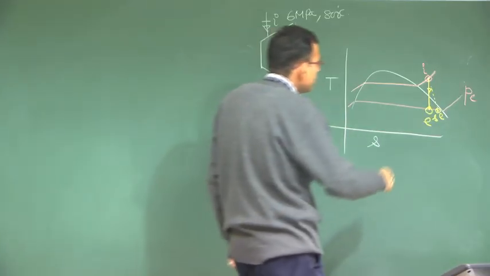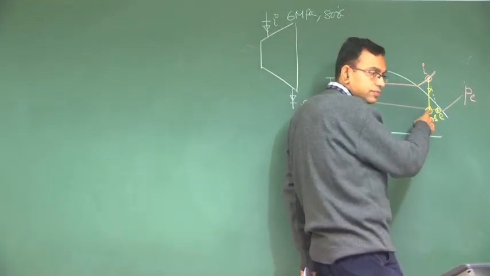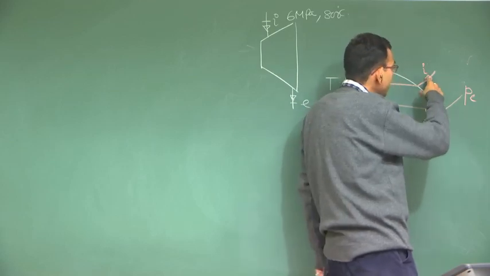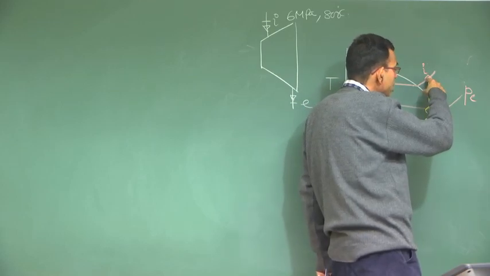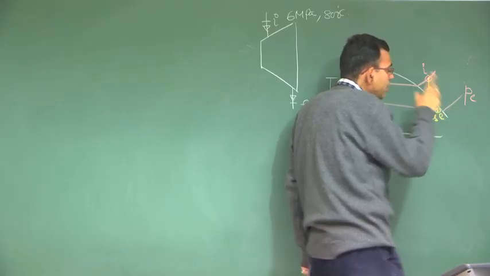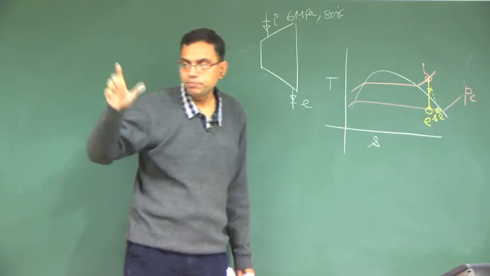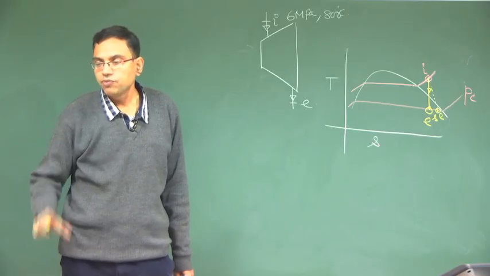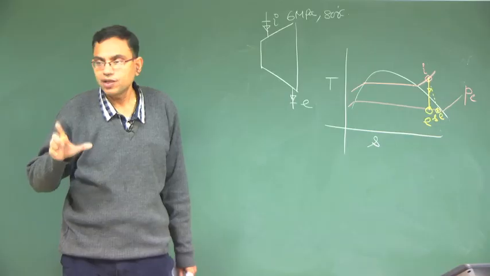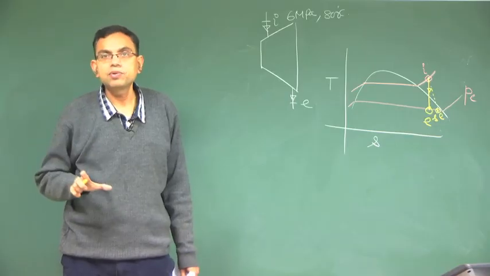So, you can decompose the change of state from I to E as from I to ES and then from ES to E. Just break it into two parts. From I to ES there is no change in entropy because it is a reversible adiabatic process.